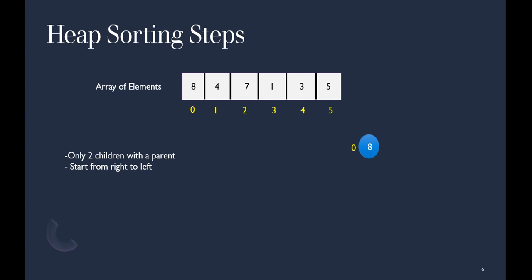We will start sorting the elements with the root element, the first element, which is 8 at index 0. Then we create the nodes for the children, which are 4 and 7. And the children of 4 and 7 are 1, 3, and 5.